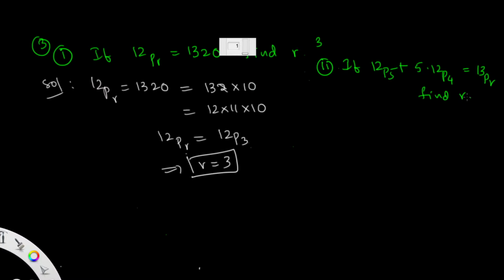Same thing. In the previous problem nP3 was n into n minus 1 into n minus 2, whereas nP4 was n into n minus 1 into n minus 2 into n minus 3.